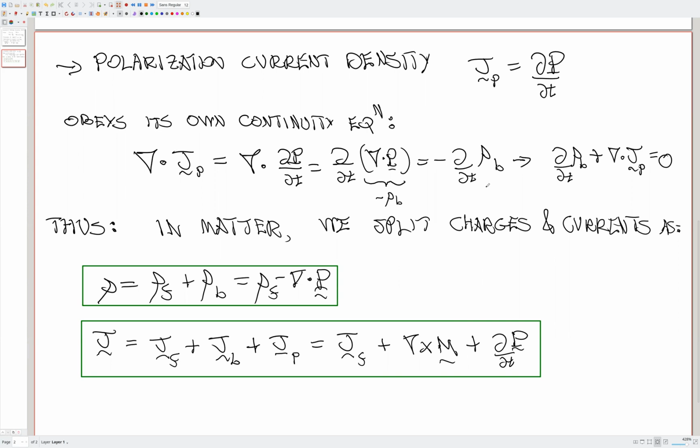So the continuity equation for the bound charge density and the polarization current is almost tautological, because we've essentially defined the bound charge as the remnants after having a polarization that changes in space.